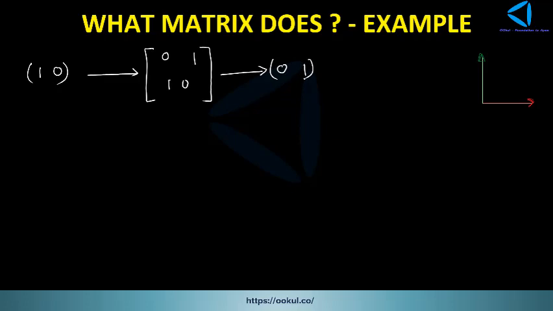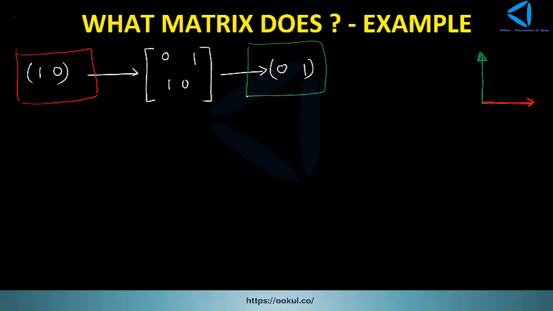Right. You can see by example here, by graph, this red one is indicating 1 0. This is input, and this green one is your output.